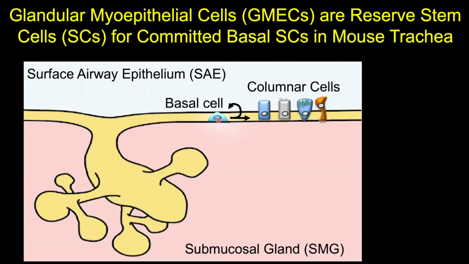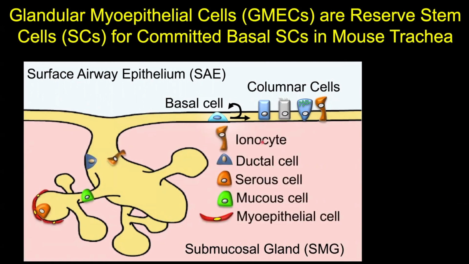Basal cells are primarily thought to be the stem cell precursor in the surface airway epithelium of these cell types, including ionocytes, secretory cells, and ciliated cells. In the submucosal glands, there are 5 distinct cell types, including ionocytes within gland ducts, ductal cells, serous cells, mucous cells, as well as myoepithelial cells. Ductal cells have been thought to be a precursor to basal cells in the surface airway epithelium.